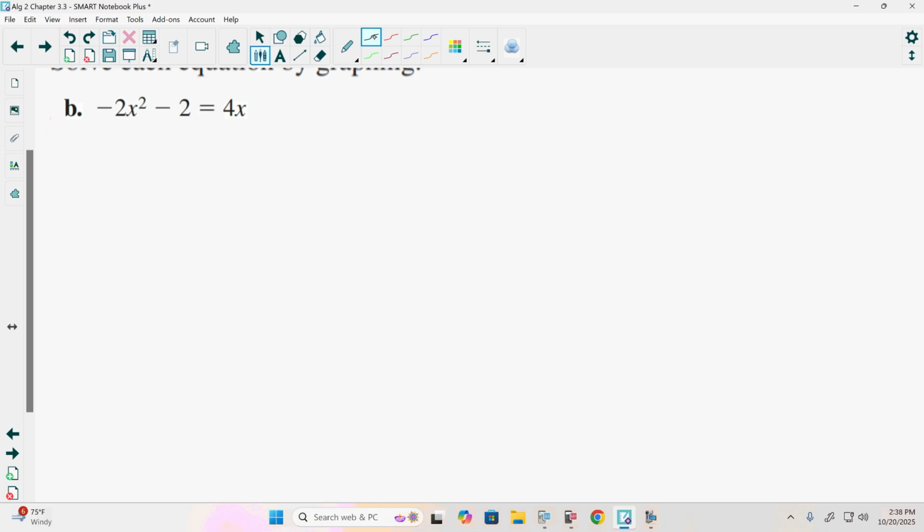Now let's look at the next one. Negative 2x squared minus 2 equals 4x. Now one of the first steps in solving by graphing is getting the equation equal to 0. So what's one of the first things we can do in getting this equal to 0?